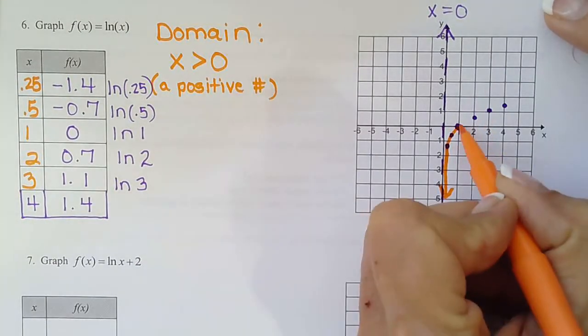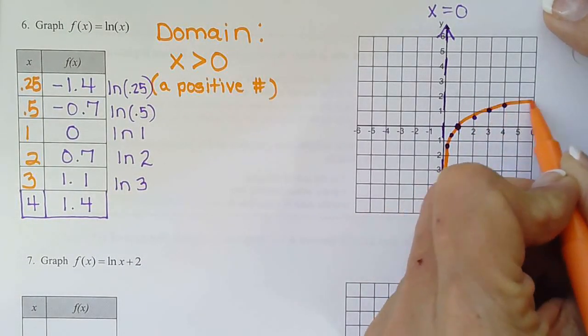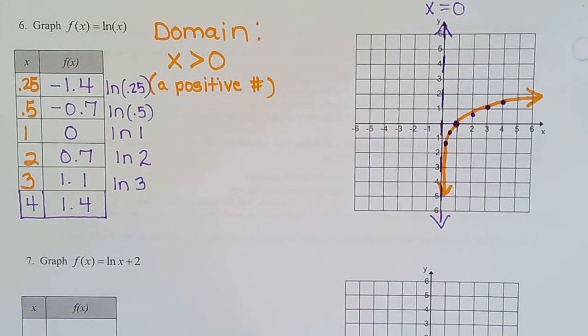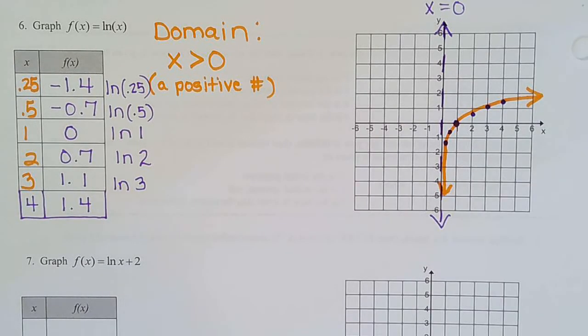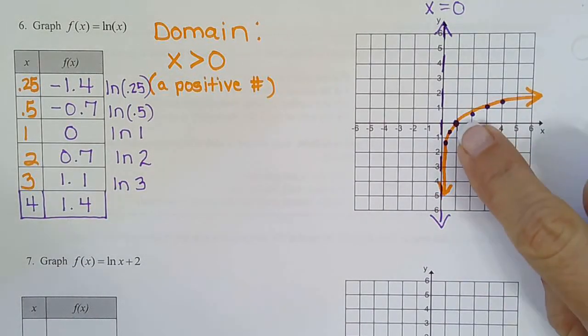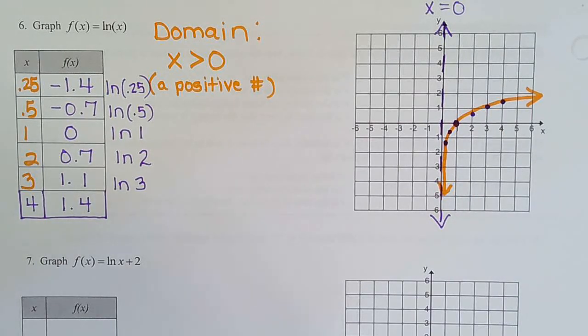And then we finish the graph this way with an arrow on that end. So that is a log graph. If you need to look back at 8.4 to remind yourself of the log graph features. Every log has a vertical asymptote, and if they haven't been shifted left or right, up or down, they will have the point (1, 0) on the graph.